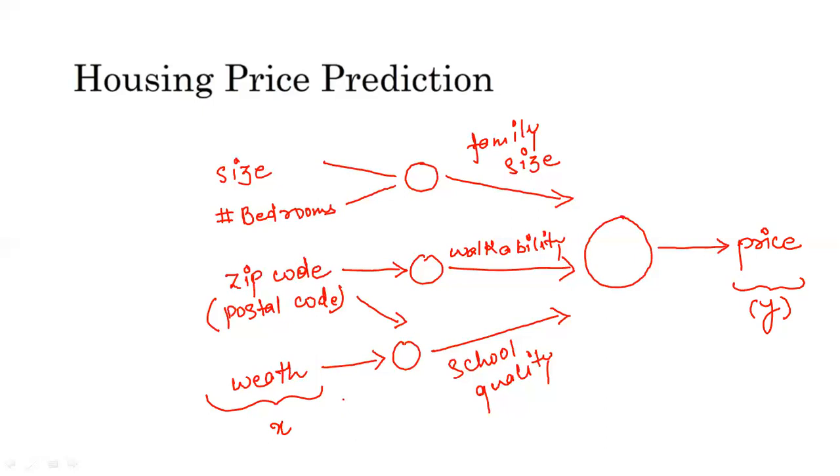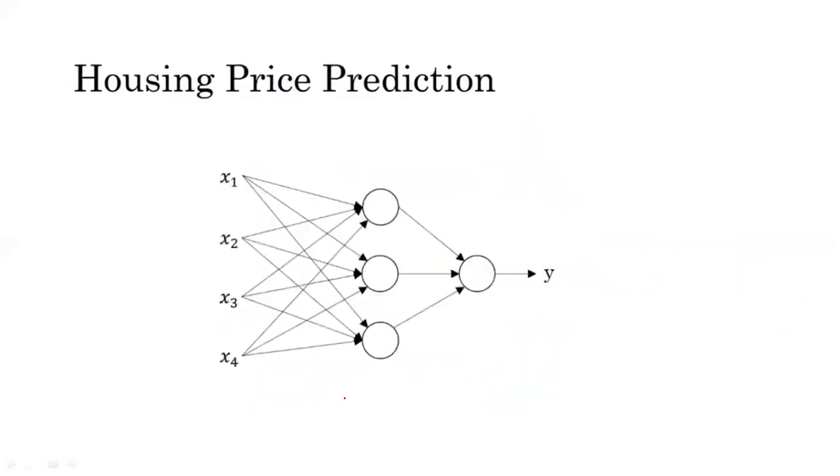Okay, so now look at the next slide. This is a much clearer representation of what we have seen in the previous slide. Here, there are four input features: X1, X2, X3, and X4. X1 represents the size of the house. X2 represents the number of bedrooms that our house has.